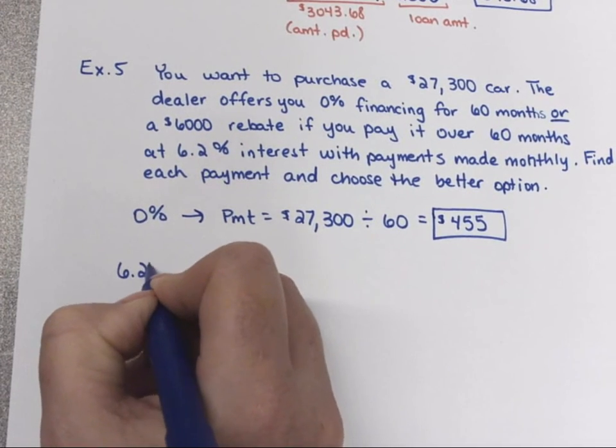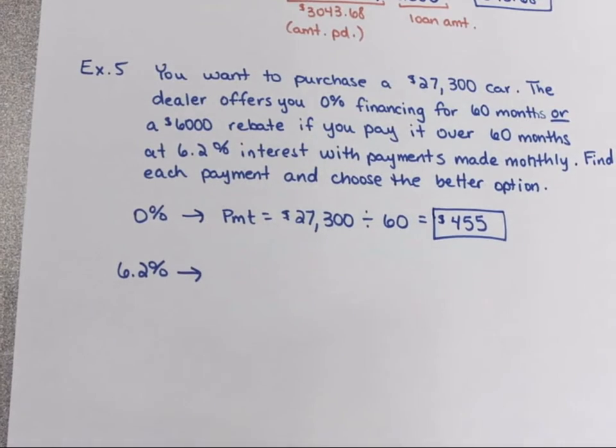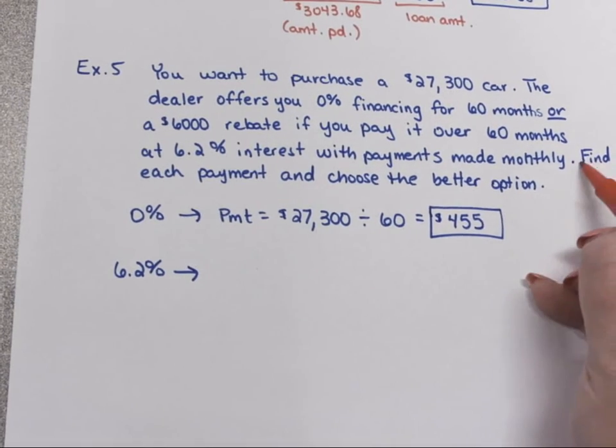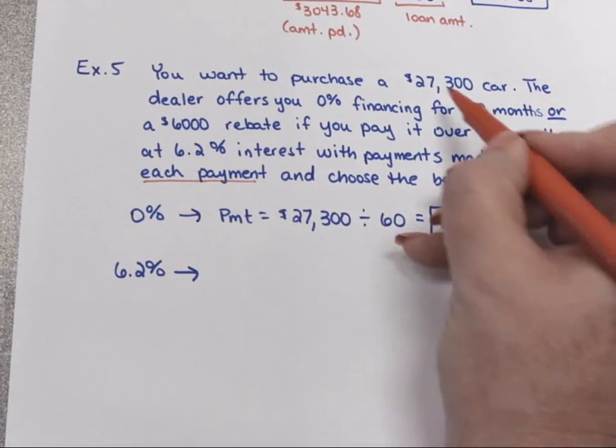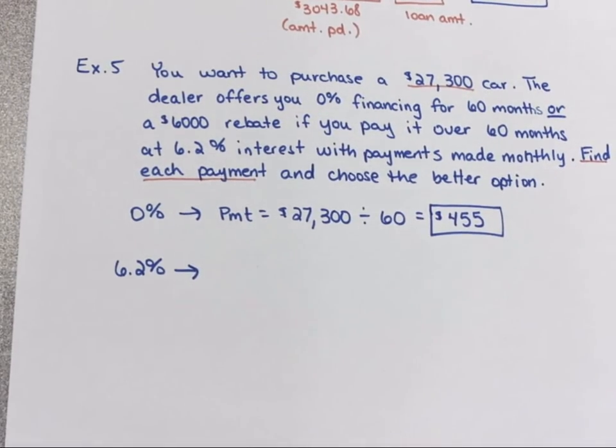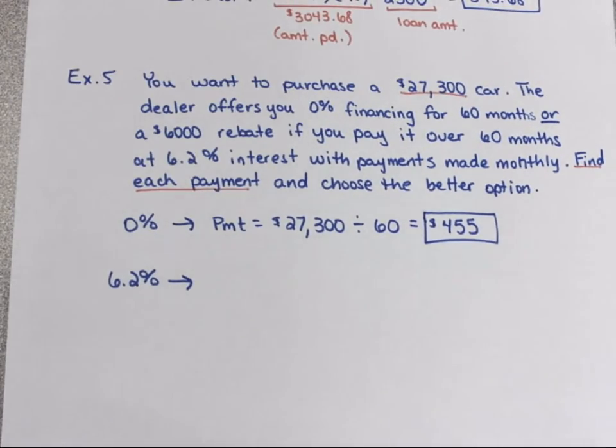All right, so what about the 6.2%? Okay, so the first thing is you need to figure out which formula to use. We didn't really have to make that decision on the 0% one, so let's go back up to the top. We want to find the payment. We know that the car cost $27,300. By the way, present value is the same thing as cash value or sticker price.